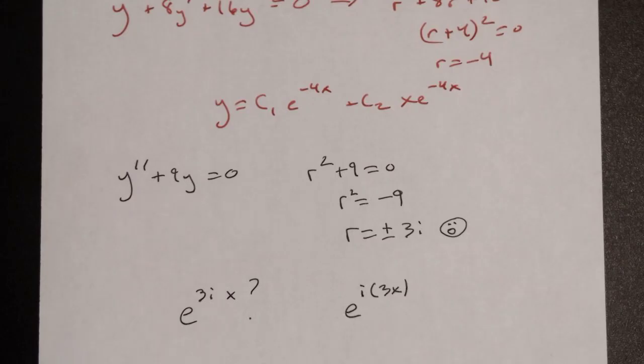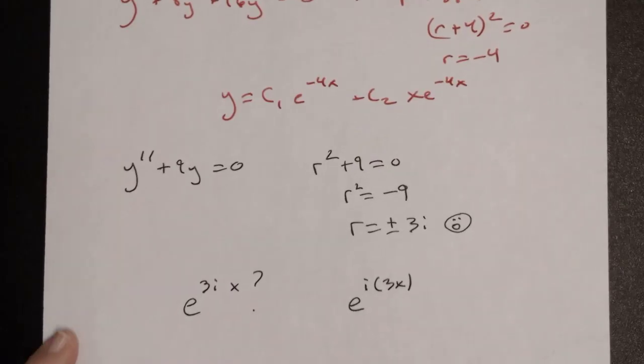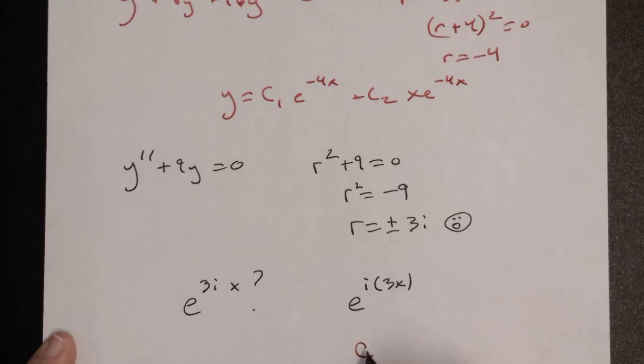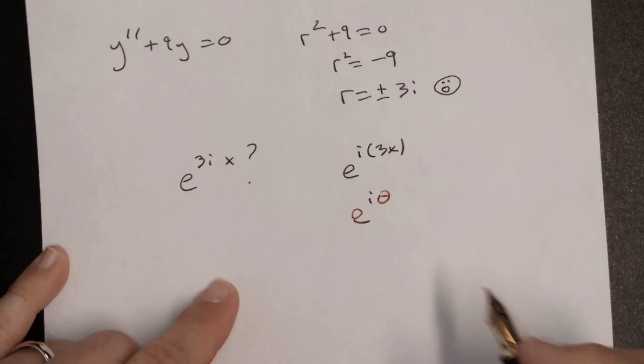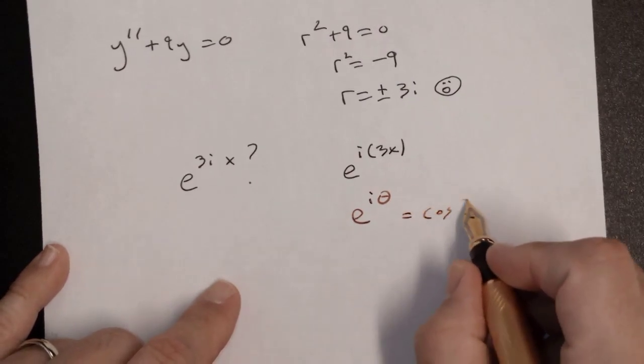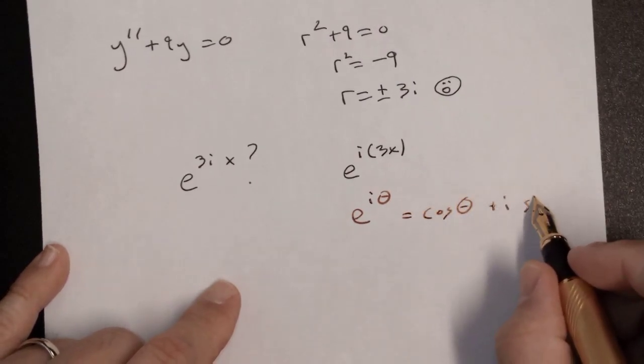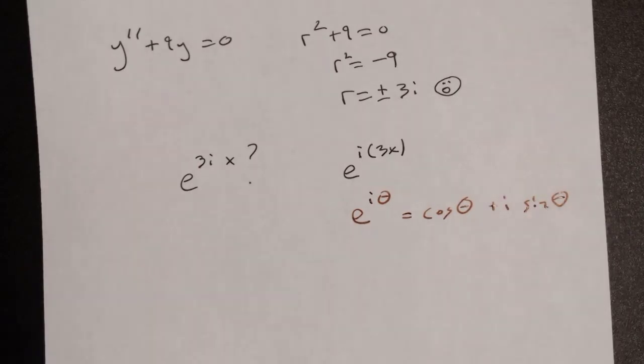A formula from Leonhard Euler related complex numbers to trig functions. It turns out one of my favorite things is to say e to the i theta is cosine theta plus i sine theta.